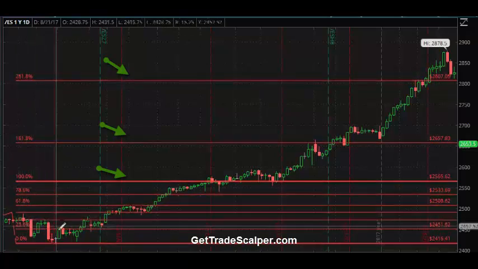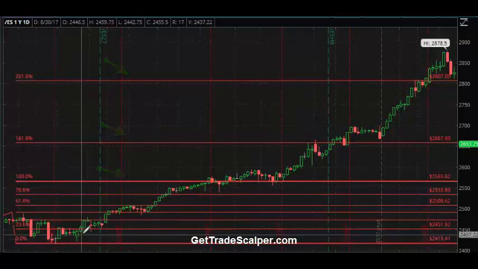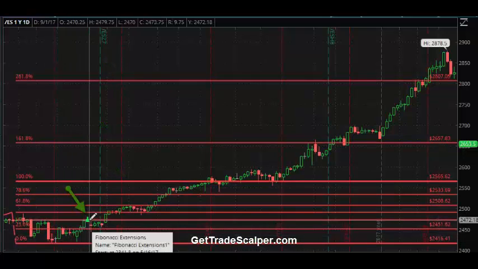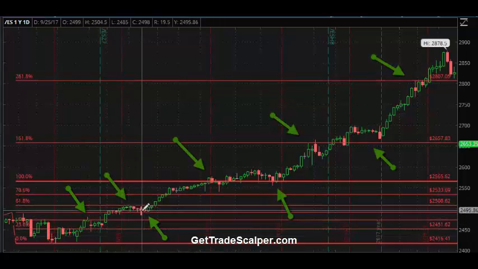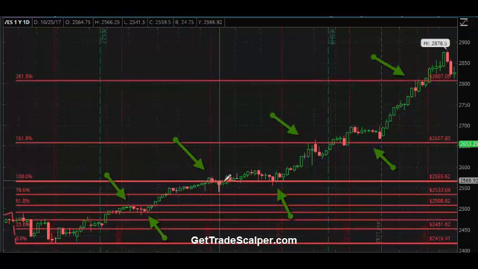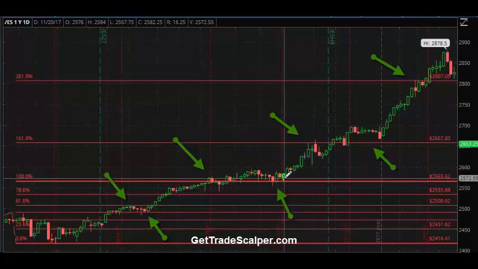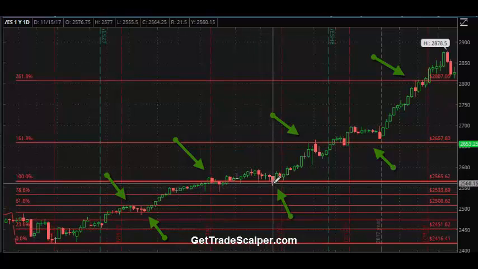From this point to the right, price came back down, touched that, found support, went up, resistance, support, resistance, support, resistance, support, right?